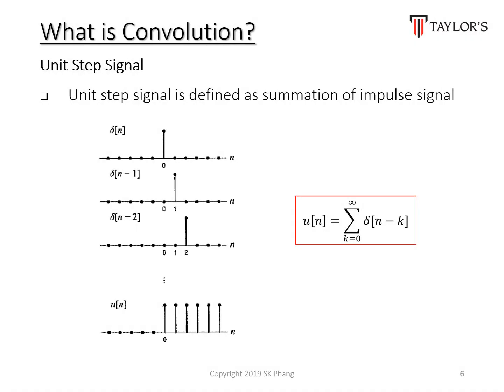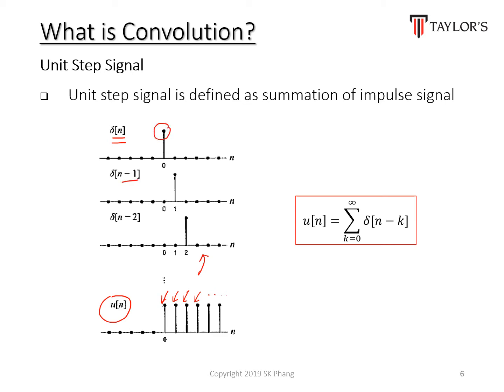If you look at the discrete unit step signal shown over here, you'll see that it actually consists of many spikes at n equals 0, n equals 1, n equals 2, and so on and so forth. So you can actually decompose this signal into many unit impulse signals. We have the first unit impulse signal at n equals 0, which is over here.